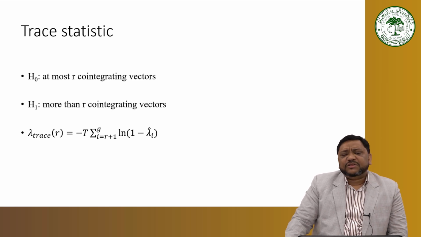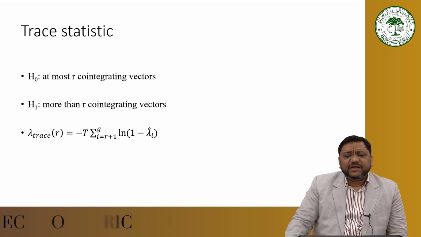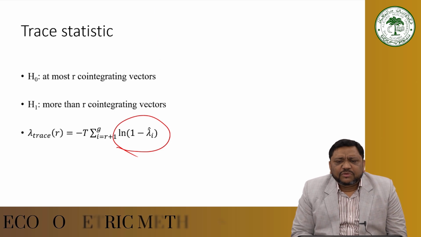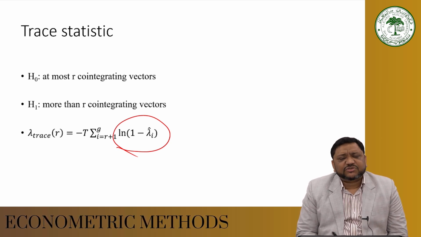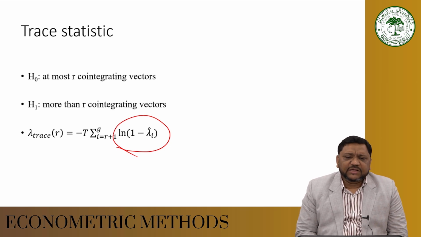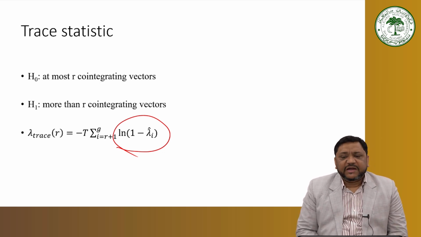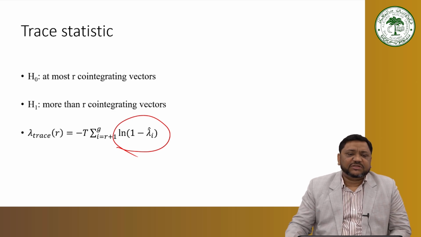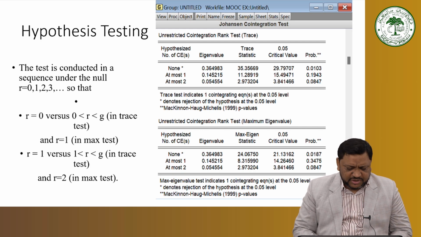On the other hand, the closer the characteristic roots are to unity, the more negative is the value of the ln(1 minus pi hat i) term, and therefore the larger the trace statistic. We will take a simple example and it will be clear.